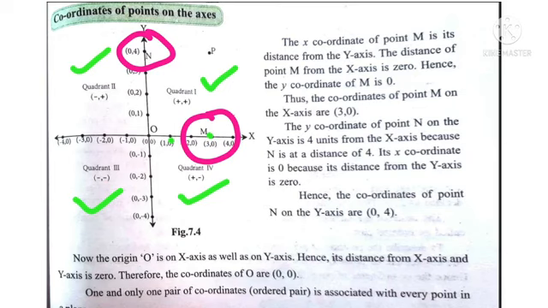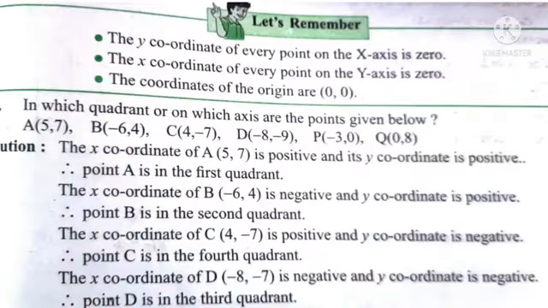M point lies on the x-axis, so you write the x coordinate, and N lies on the y-axis, so the present one is the y coordinate. So students, you remember the y coordinate of every point on the x-axis is 0. First thing, the y coordinate of every point on the x-axis.